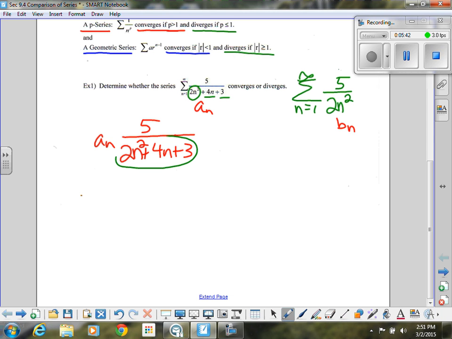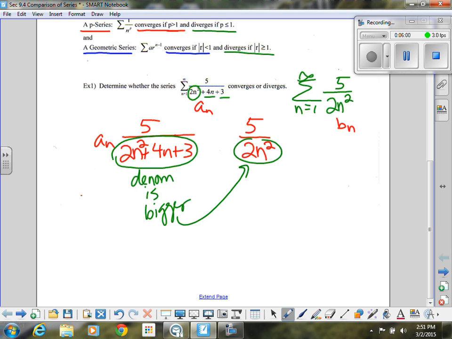So here, the denominator is bigger than the b sub n, which is just 5 over 2n squared. Okay, so the denominator is bigger than that one. So that must mean that this makes the one on the left smaller than the one on the right.